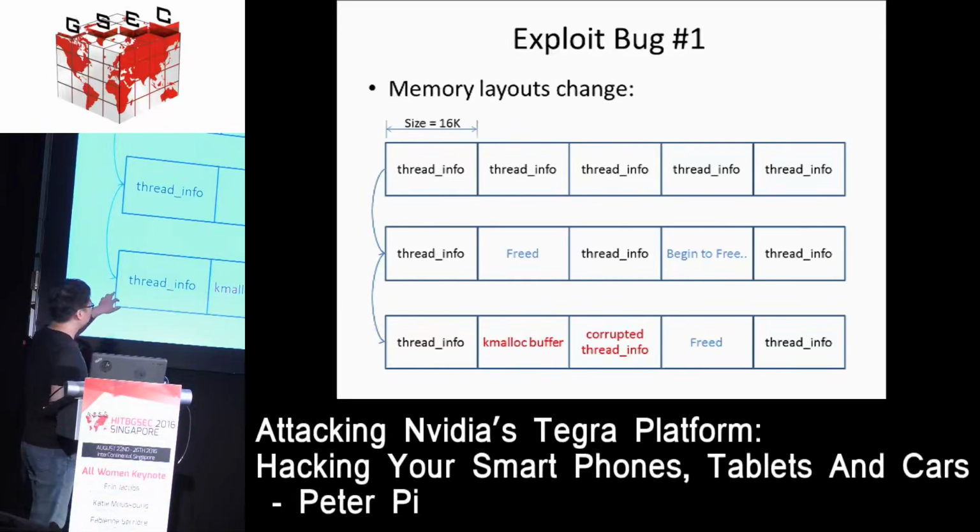This will cause some struct thread info to be freed. At the same time, I trigger the bug to kmalloc a 16K buffer to occupy one freed struct thread info, and then overwrite 16 bytes to the next struct thread info.